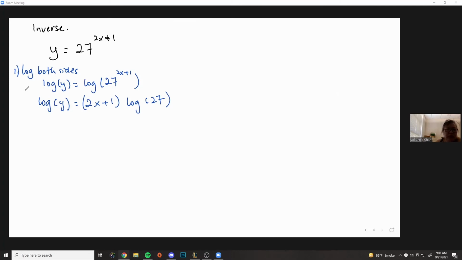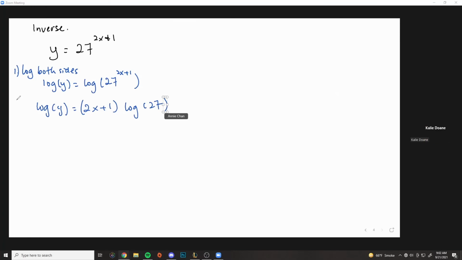What can we do at this point? Distribute the 2x plus 1.